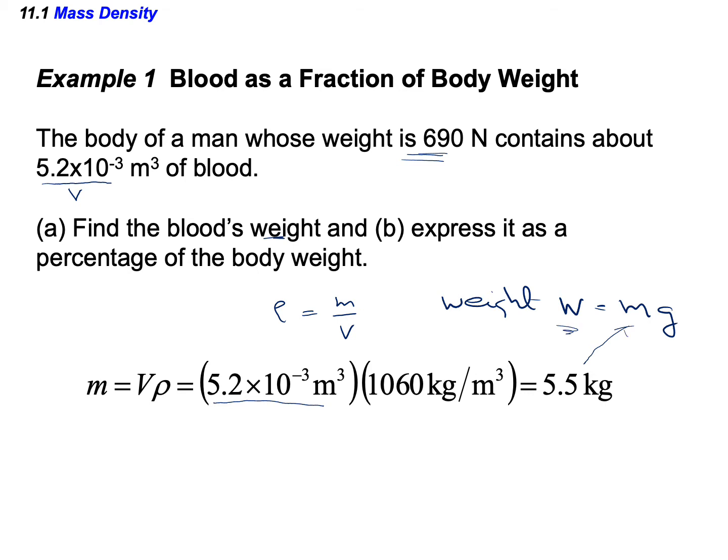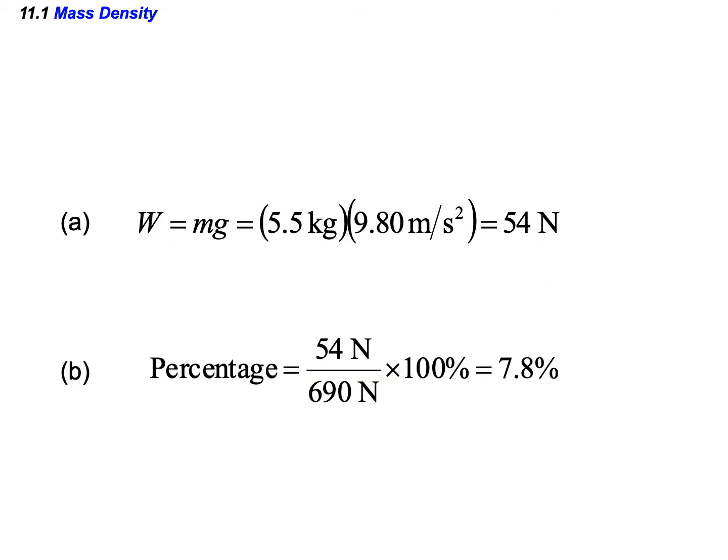The second part says to express it as a percentage of body weight. If you know the body weight, which is given, and you calculate the blood weight, you can take the ratio and give it as a percentage. So the weight of the blood, which we calculate from the mass and gravity, is 54 newtons.